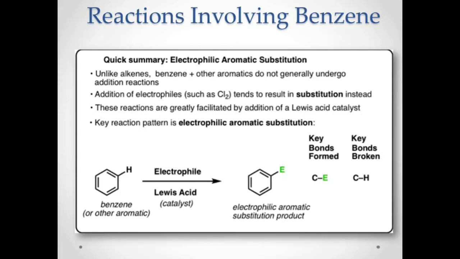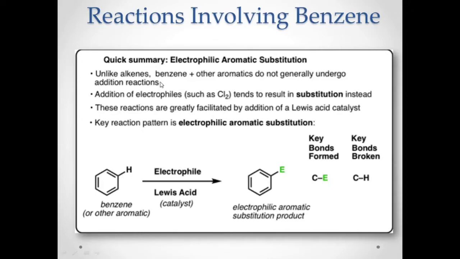Therefore, we need to have an electrophile. An electrophile is electron loving. So, in order for benzene to be activated for a further reaction to proceed, an electrophile should be generated, so that your benzene is activated.